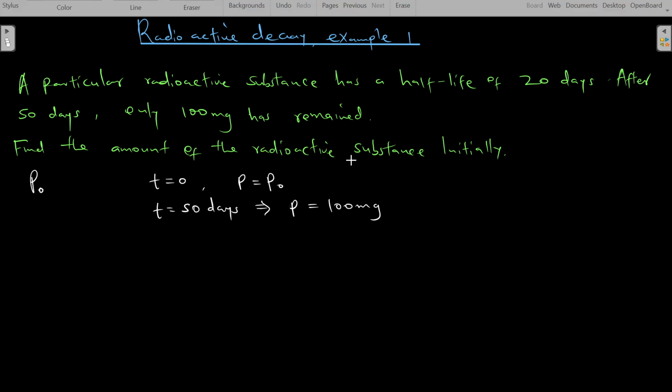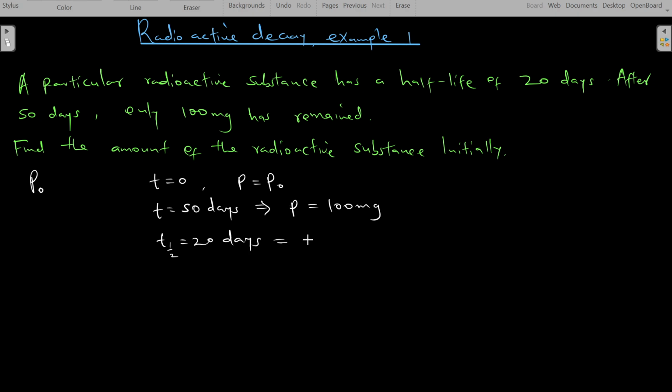But we have additional information with the half-life. Half-life is the time taken by the undecayed substance to go to a half, a half of the initial value. So if we have the half-life, I'll write t half equals 20 days.